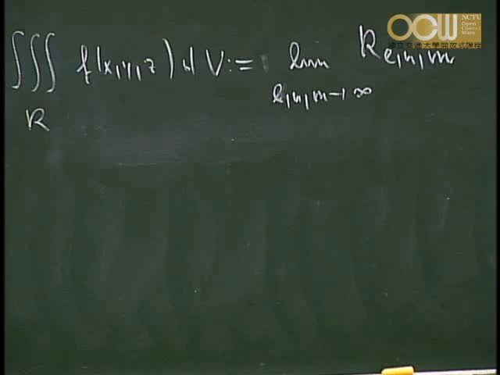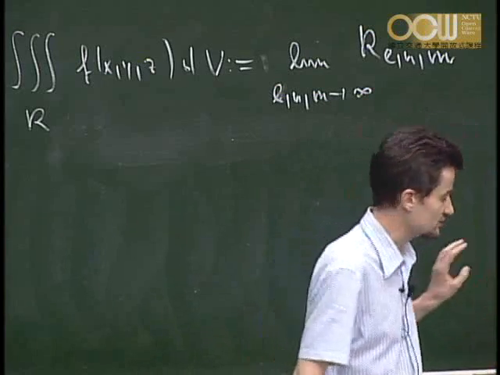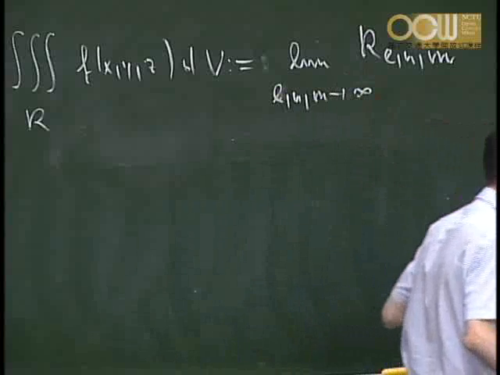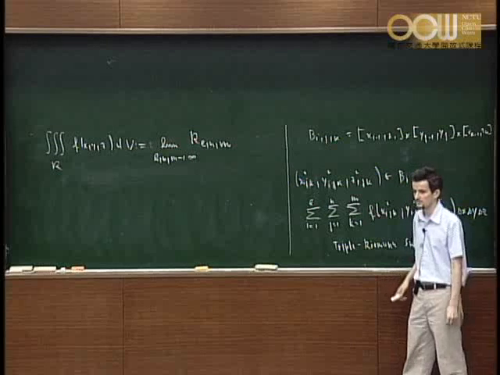But as for the double integral, if f is a continuous function, no problem. This limit always exists, and it is independent of the choice of the sample points.